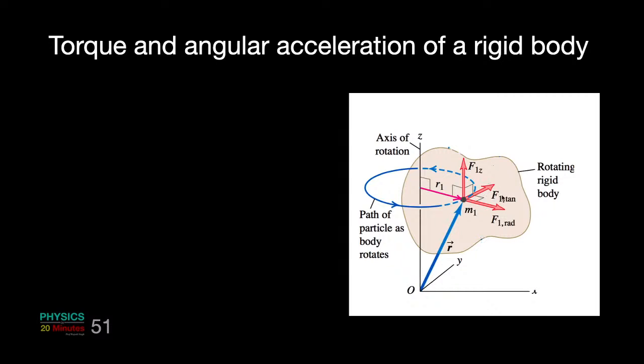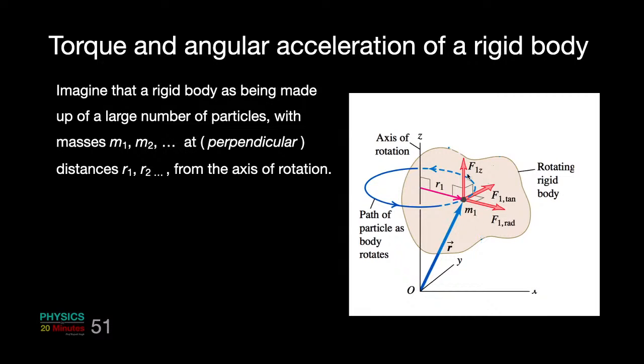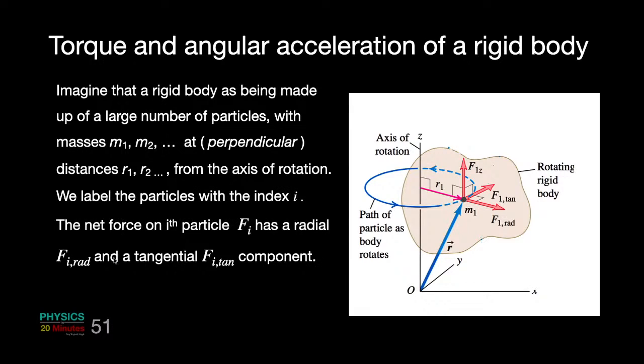So I will imagine that the entire body is divided into a large number of small points, and we will take one such small point, which I will call the ith point. As we have discussed, there can be three possible forces on the ith point, of which only the tangential force will apply a torque.